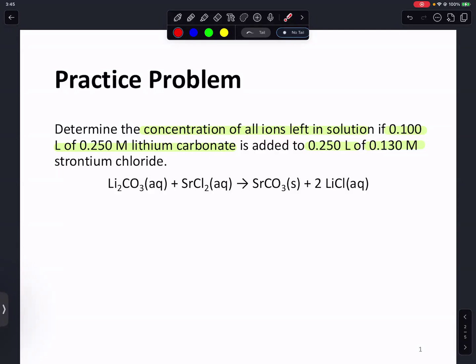From each of these equations, we're getting different information. From the balanced chemical equation, I am getting the stoichiometric coefficients, which are important. For example, for every mole of lithium carbonate reacting, we get 2 moles of lithium chloride, etc.